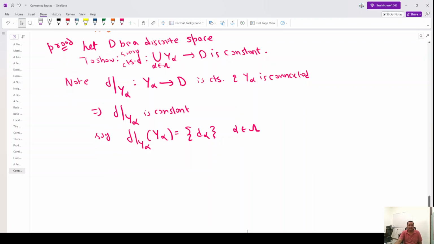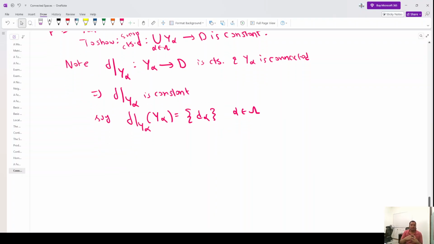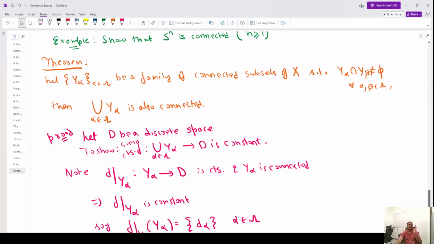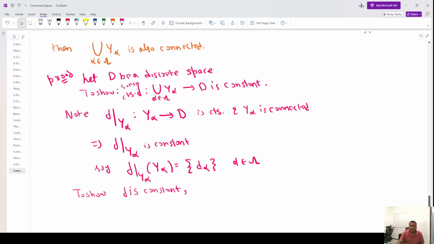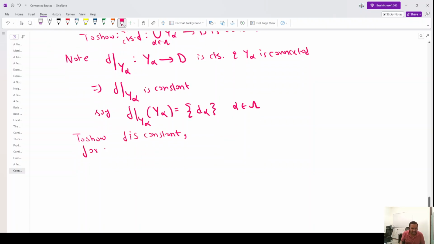Okay. Now, what do you have to show? You have to show that f is constant, right? Have we used the hypothesis fully? No, we just have used that Y_alpha is connected. So let us use that intersection condition. So for any Y_alpha and Y_beta, we know that Y_alpha intersection Y_beta is non-empty.